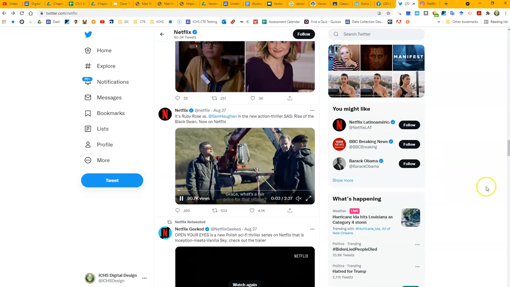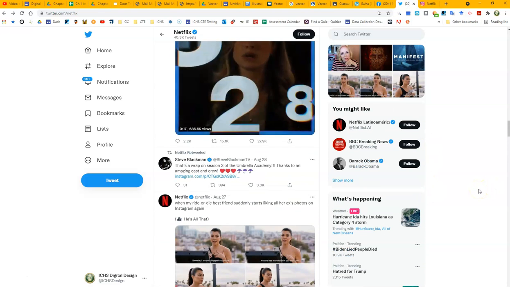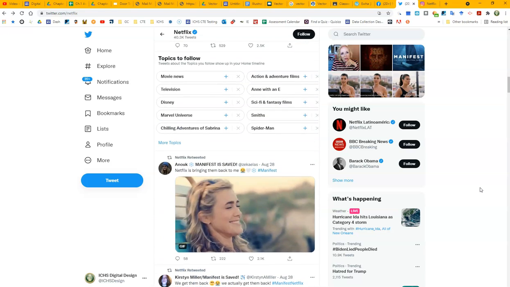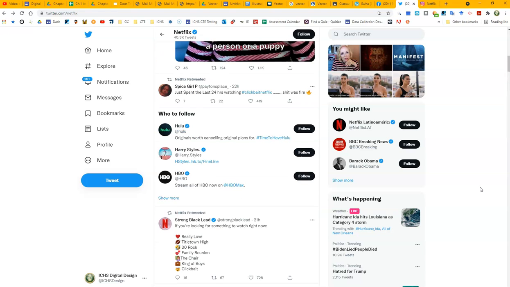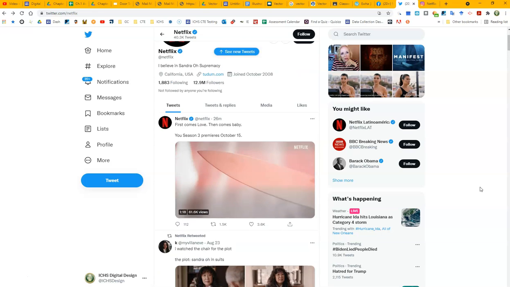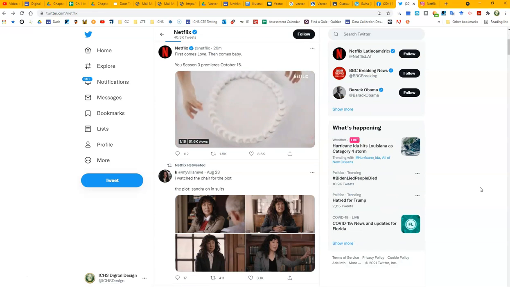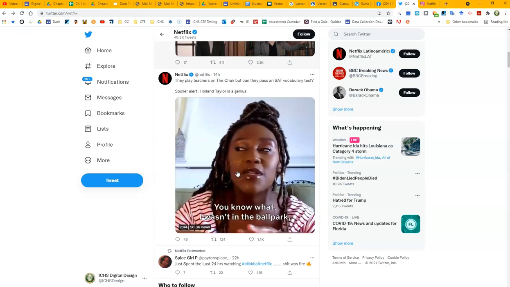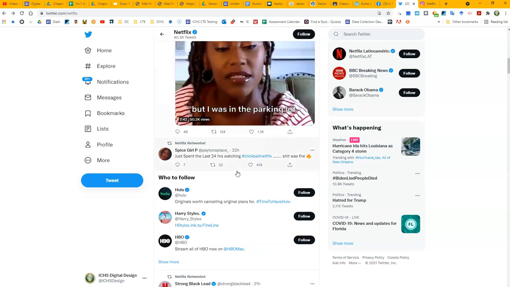Twitter works a lot the same way, and of course, you have the ability to retweet. So that's one way that they actually use Twitter to promote their product: they will post a trailer or some sort of little clip.